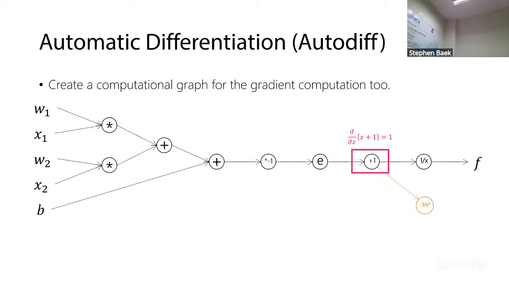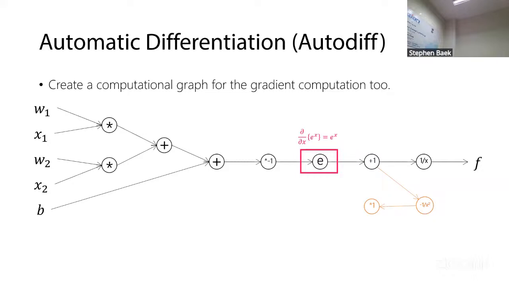Then, similar to backpropagation, we go backward by one step. For this one, the derivative is just the scalar one, so nothing interesting going on, but it is created as a node, and it gets connected to the -1 over x squared node in this manner. Then we go further backward.